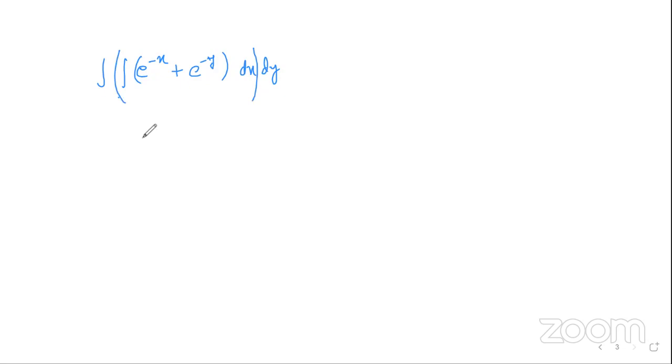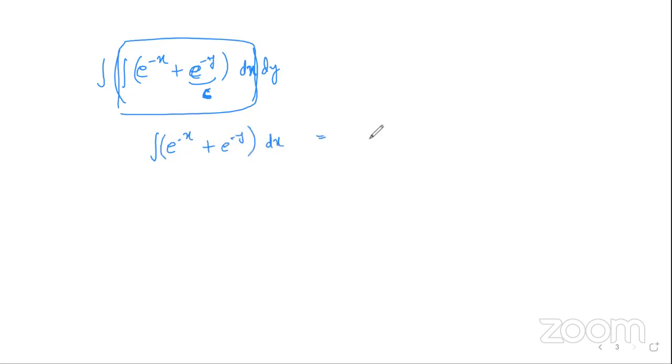since you are integrating first with respect to x, you will treat e to the minus y as a constant. So the integral will become the integral of e to the power minus x plus e to the power minus y dx, and you can separate it out: integral e to the minus x dx plus integral e to the minus y dx.